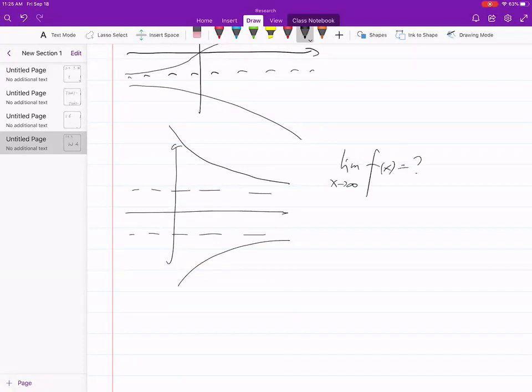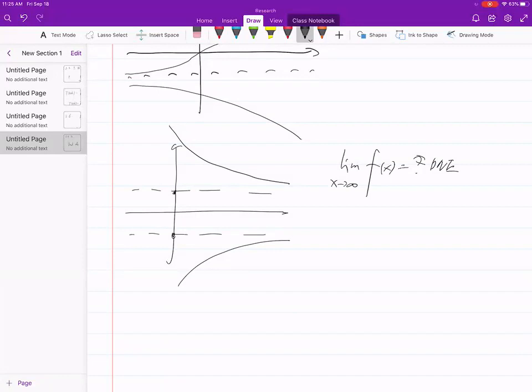Is it this one, or is it this one? Or do you have more than one answer? But if you have more than one answer, that means to take the limit, you have two possible answers. That means the limit does not exist, right? Can everybody see from here?